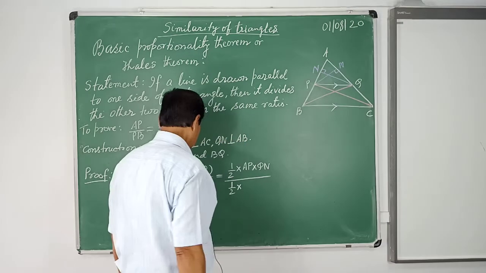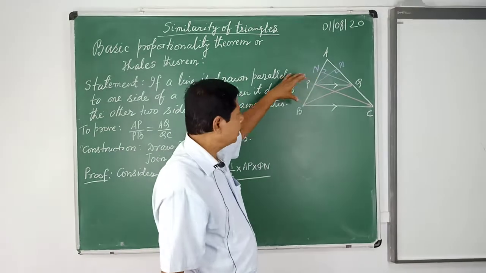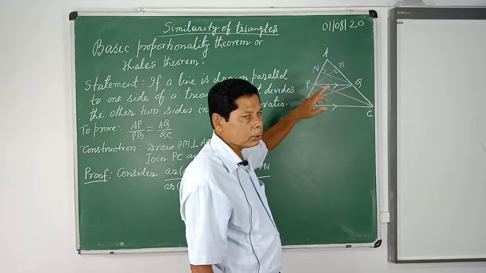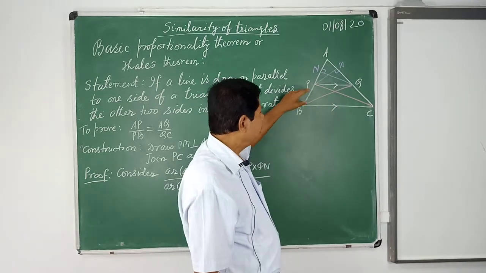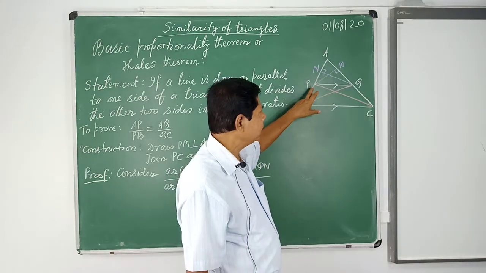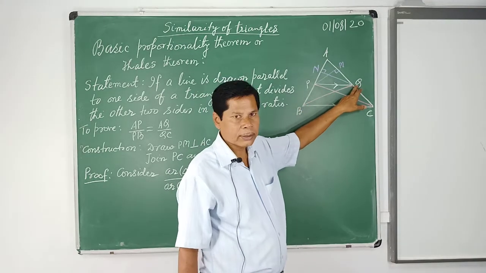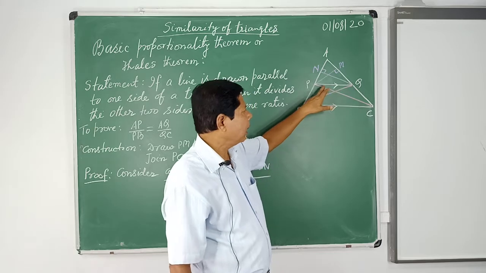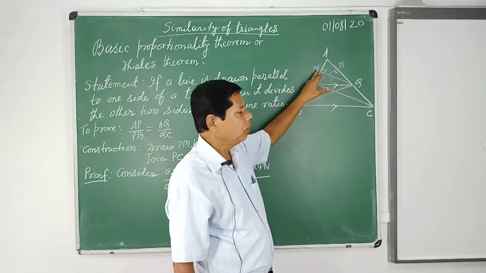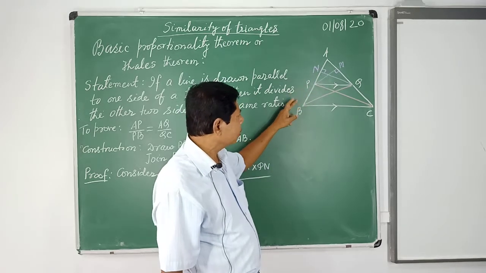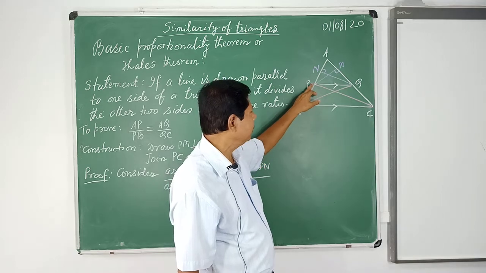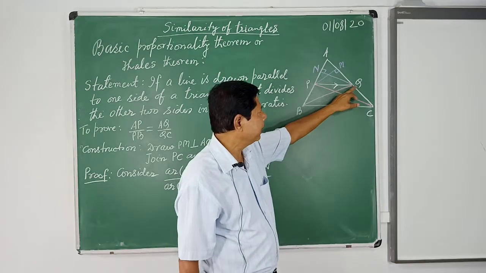into PBQ. See here, this triangle PBQ, where this angle P is obtuse. So if you consider PB as the base of this triangle, then altitude will be drawn from the opposite vertex, and in an obtuse triangle, the perpendicular will be on the extended side of the base. So BP is extended and QN is drawn.